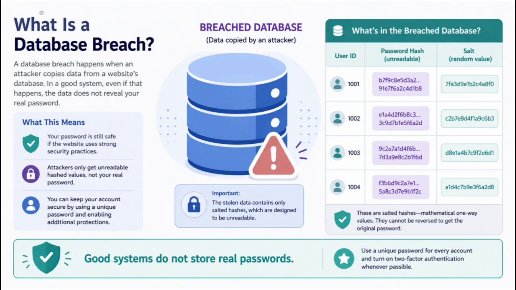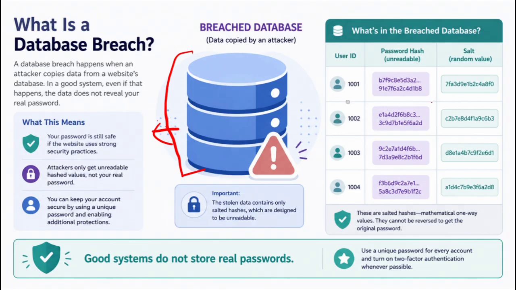You might have heard the term database breach. When a database breach happens, an unauthorized person copies or accesses information stored in the database. In a badly designed system, the records may be stolen and the real passwords can be identified.